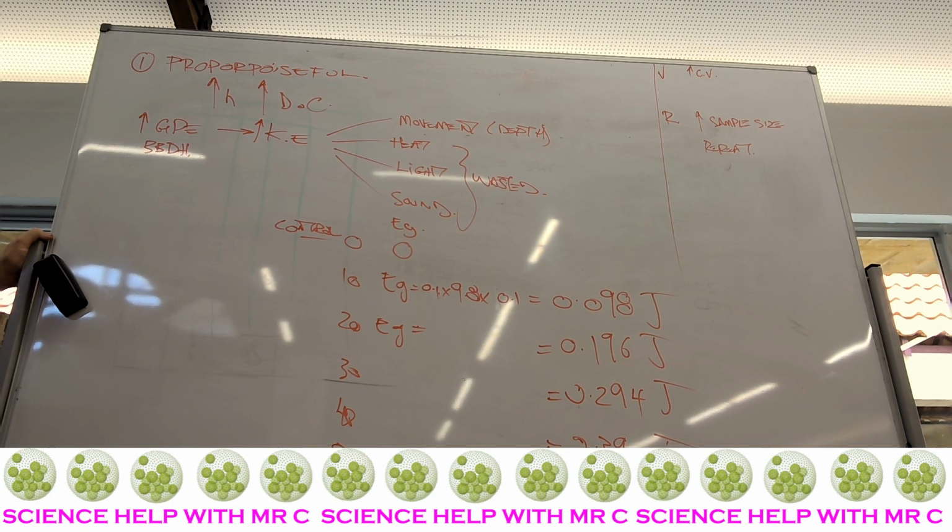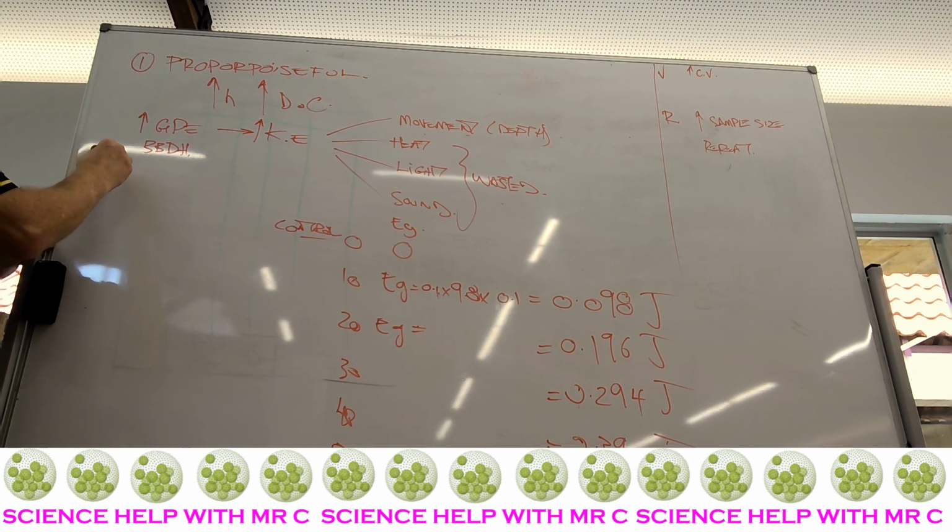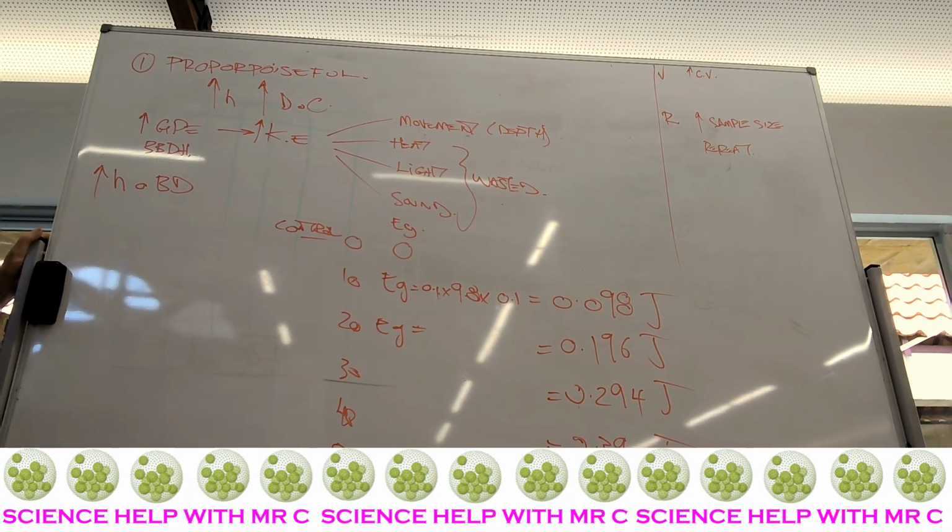What are you going to do? You're going to sneeze all over the back of Neve. Please don't. She sneezed all over the back of you. That's not very nice. Right, so over here, this is the progression of thought. Are you ready? If you increase height of ball drop, you can sneeze as well.